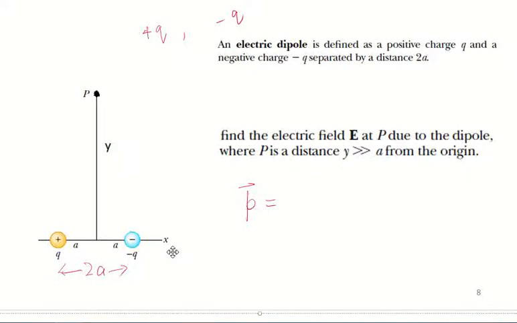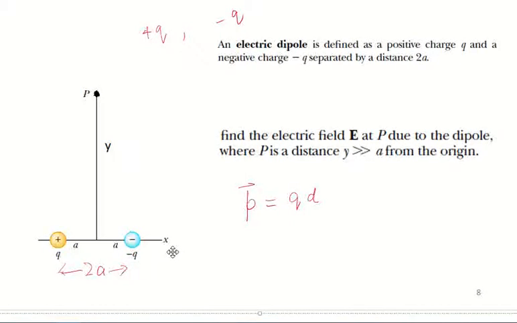It's a vector, and it is given by p equals the magnitude of the charge on any one of the charges times the distance, so it is q times the displacement. The dipole moment is a vector, and so is this displacement vector.